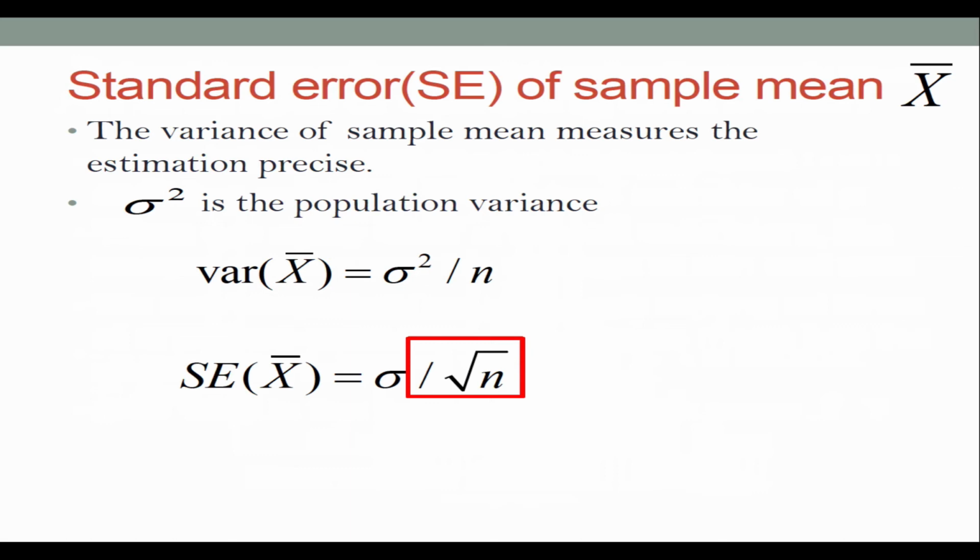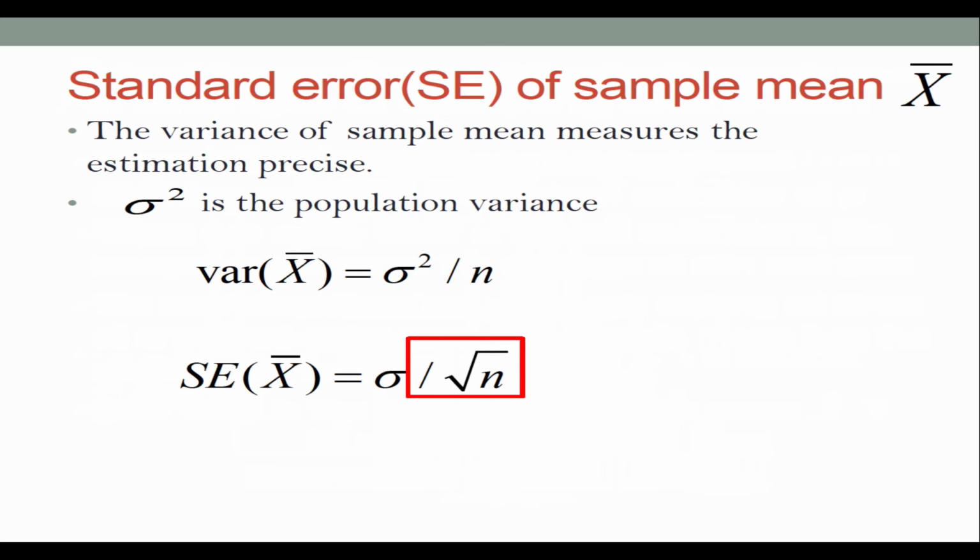That's going to be equal to 1 over n squared times the variance of summation xi, i from 1 to n, right? Then the variance of summation of xi equals 1 over n squared summation of variance of xi, i from 1 to n.